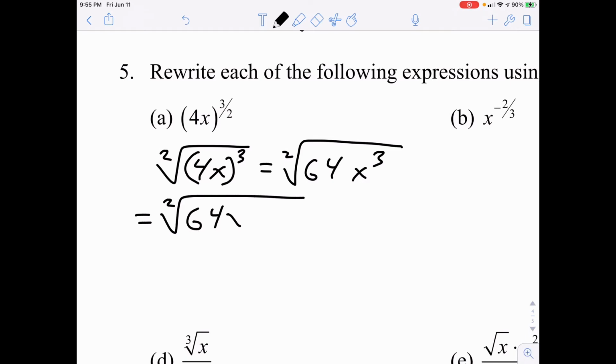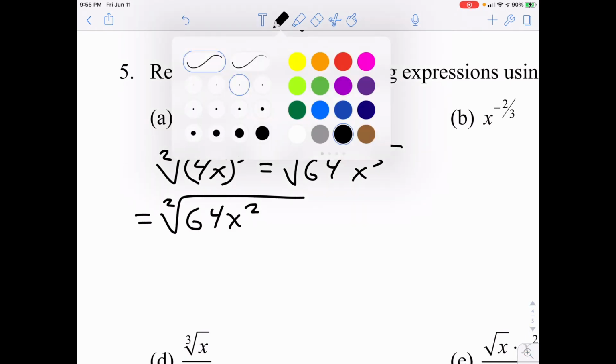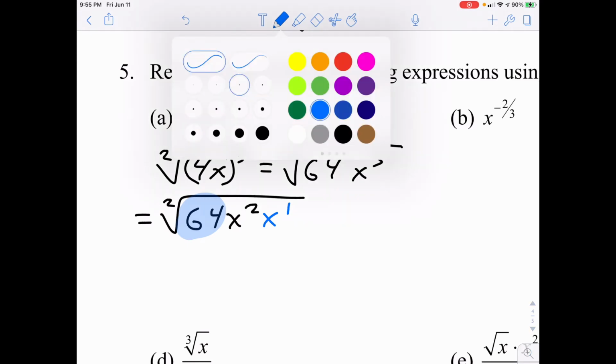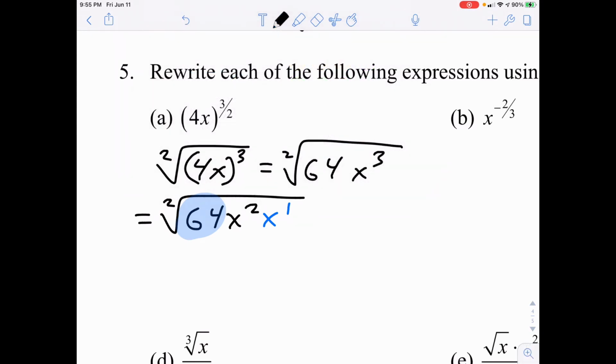And x cubed, I'm going to break up into x squared times x to the first power. Now I can take the square root of 64, that would be 8. The square root of x squared would just be x, because 2 divided by 2 is 1, all times the square root of x. That stays under the radical.